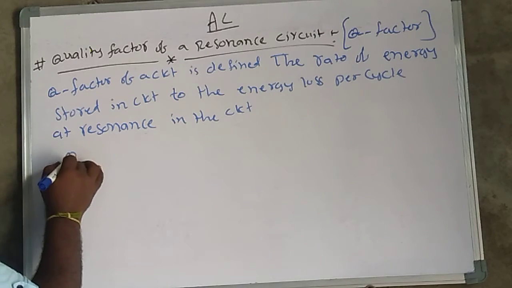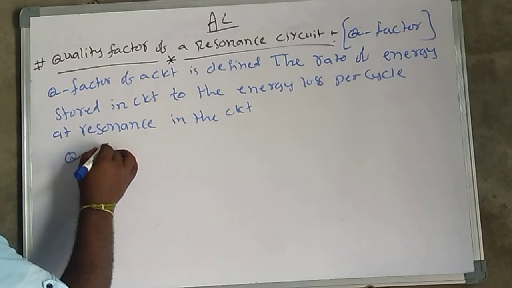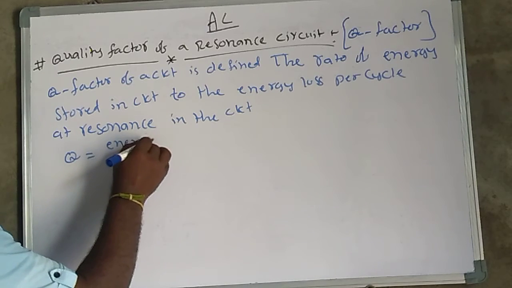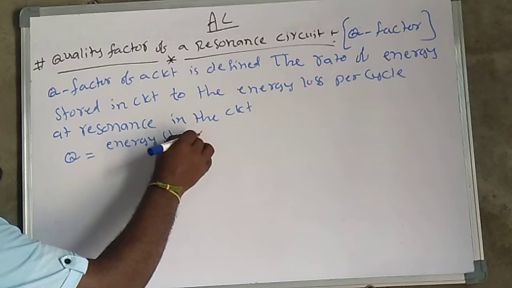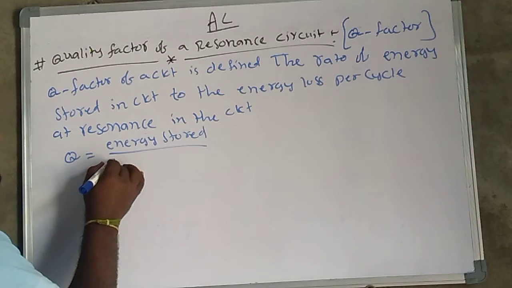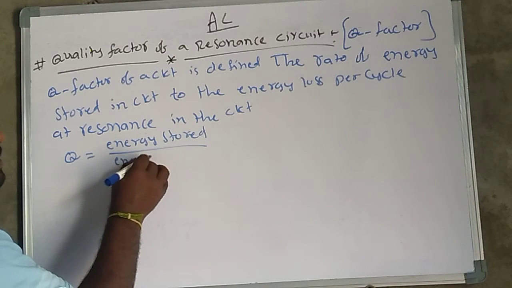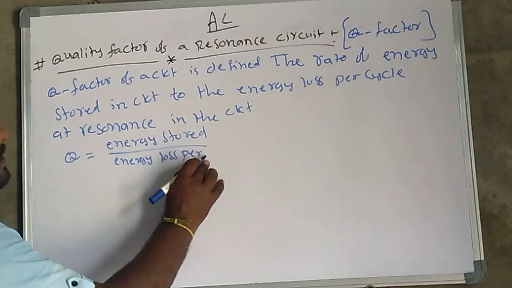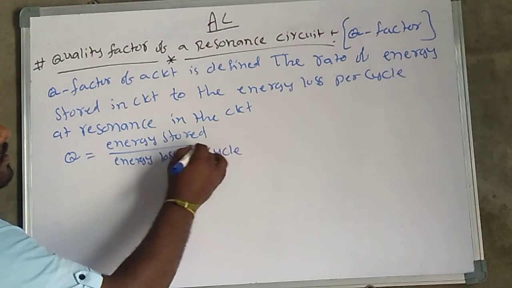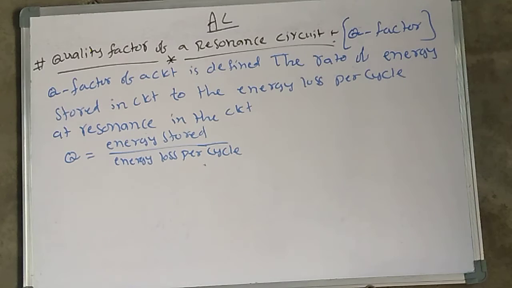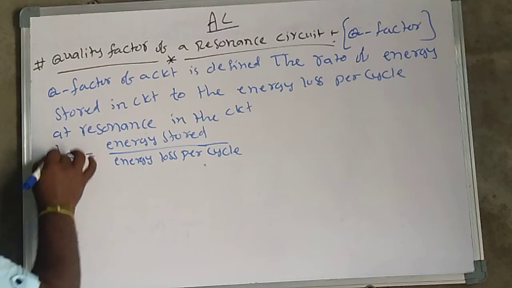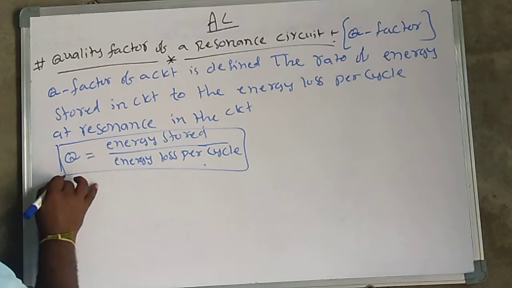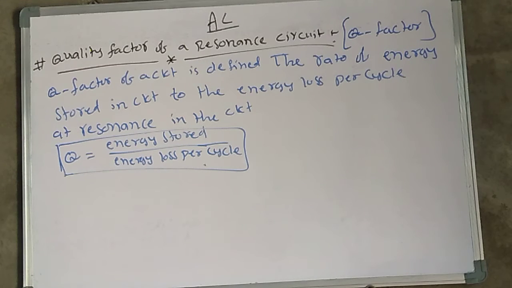According to this statement, Q is equal to energy stored divided by energy loss per cycle. So this is one statement. Another statements are also there, and one by one we are going to discuss.